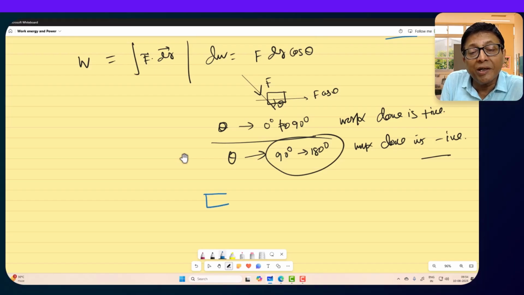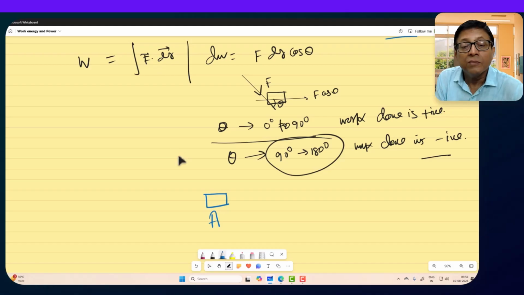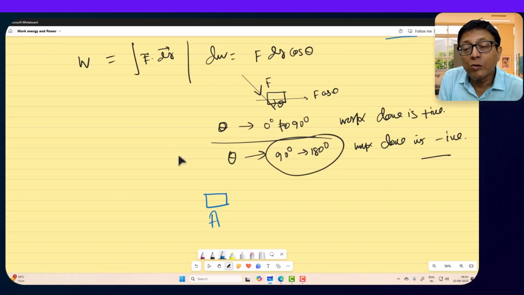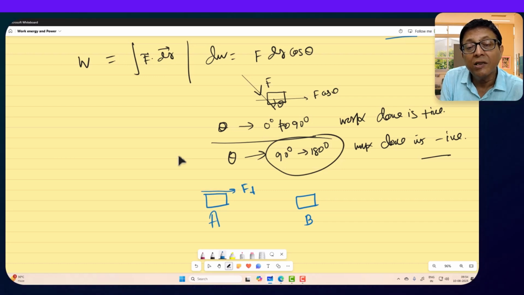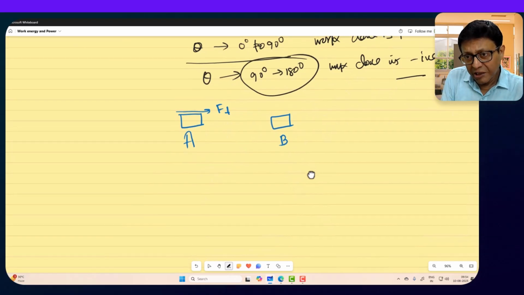Object is going in one dimensional motion. So if the object goes from A to B, then work done by the application of force, tangential force, whatever you say, is positive.